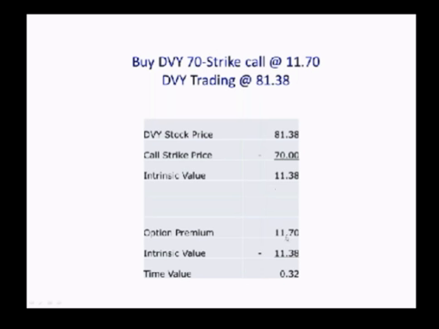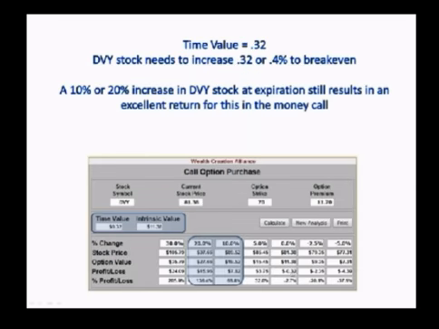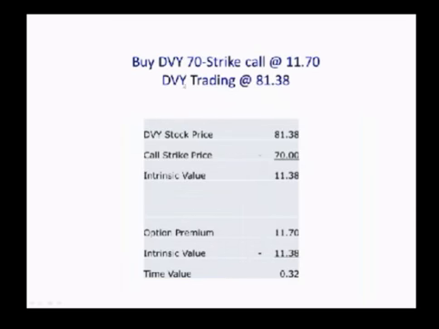Then you take the total premium, $11.70, and subtract the intrinsic value from that, and you can see that this option had a time value of 32 cents. What that means is the DVY ETF only had to go up 32 cents, and this trade would break even and start making money.